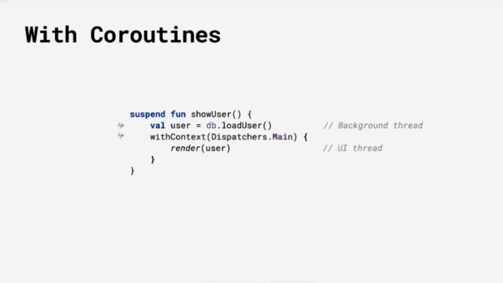So we can use a function called withContext, which allows you to switch the thread inside the suspending function. So here the withContext is changing the thread to main thread so that the render function is called from a UI thread. And that's it. That's how you can literally convert any synchronous code into asynchronous. And that's why coroutines is so nice and easy to use.